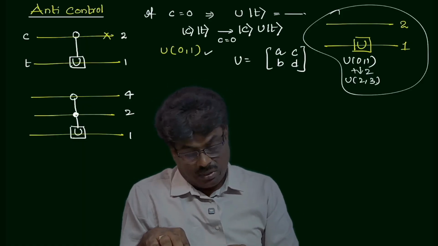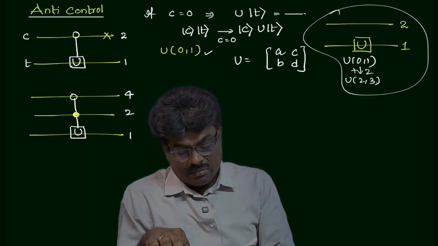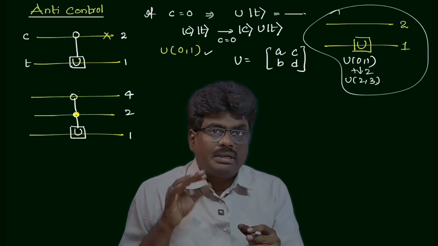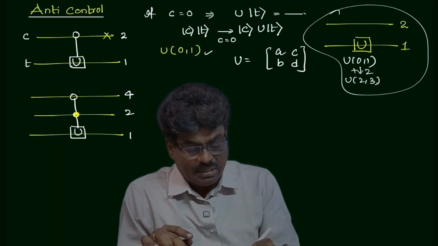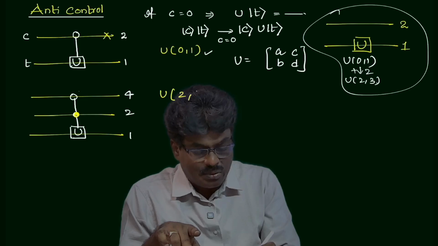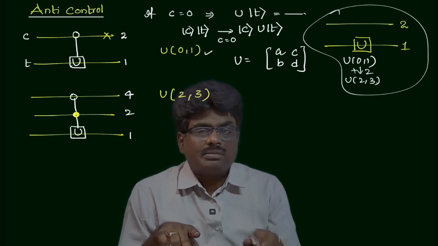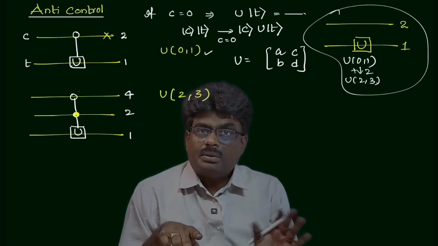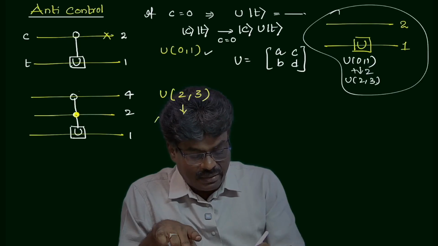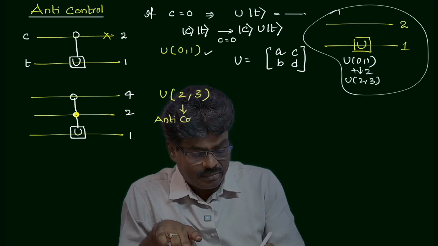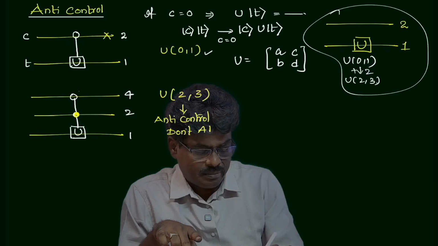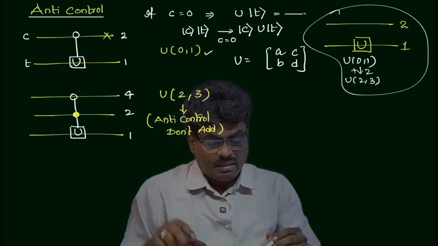Now here is a control, and this is the anti-control. Earlier how you did the control, you do the same thing. That means U of, this is 2 to 1, that's why 2 comma 3. But don't add 4 now, that's it. Anti-control, don't add. Because of this anti-control, don't add.